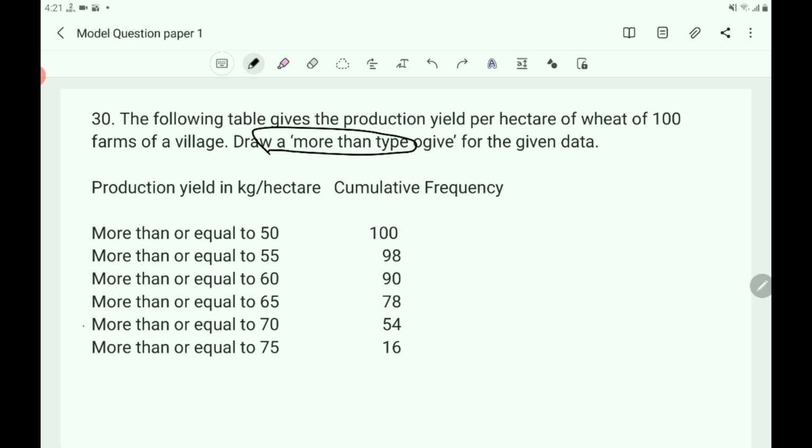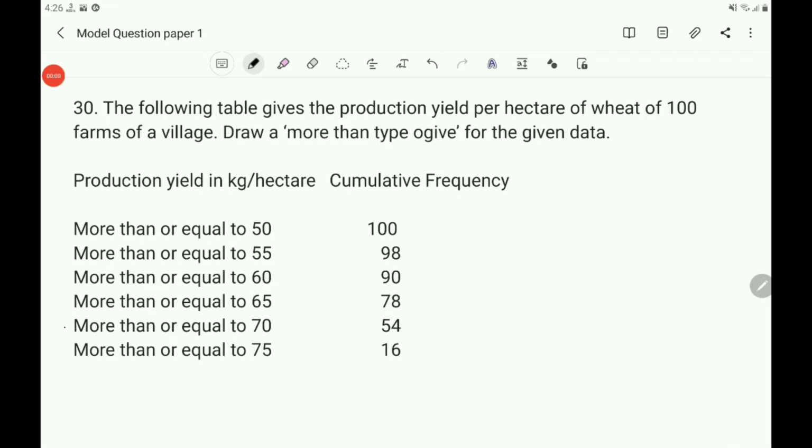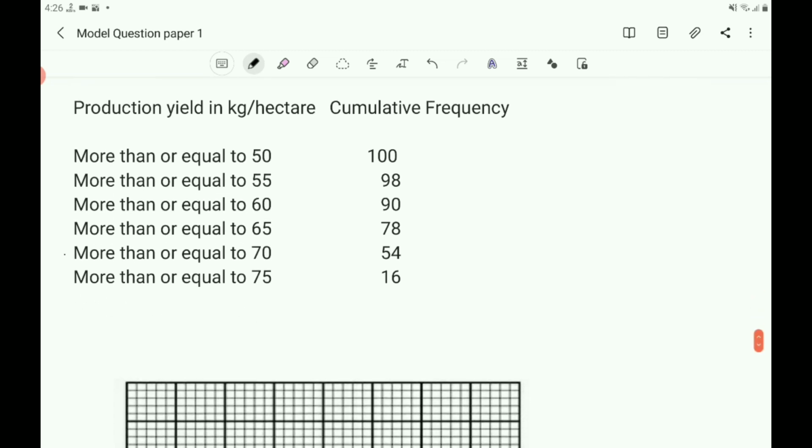More than type ogive is the cumulative frequency curve corresponding to the lower limit of the class here.